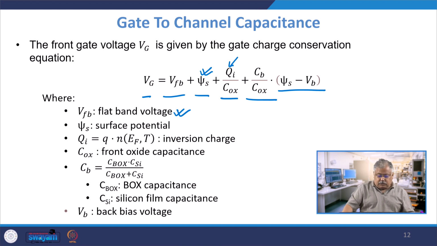Vb is the back bias voltage which you give.